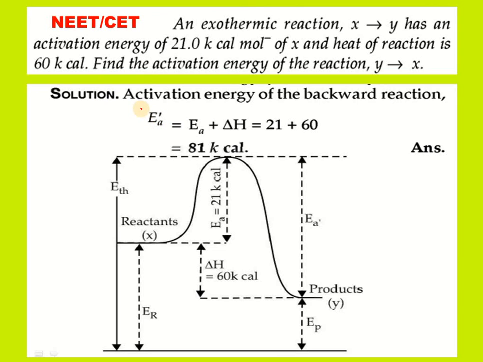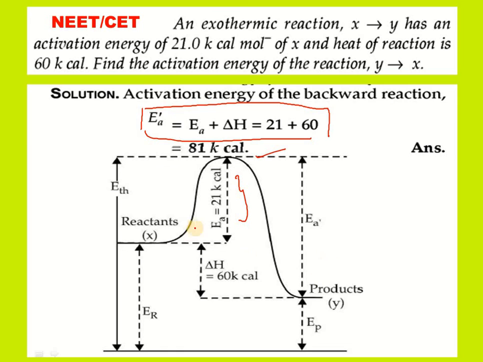So we saw the equation in the previous model also, which is the same, but here the delta H value is given as 60, which is added to the activation energy Ea of 21. So 21 plus 60 is 81. That is for the reverse reaction, Y gives rise to X.